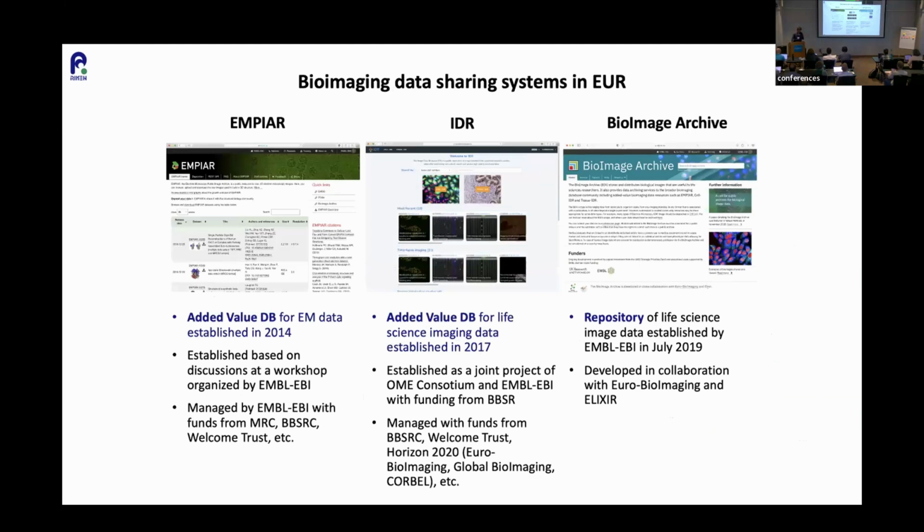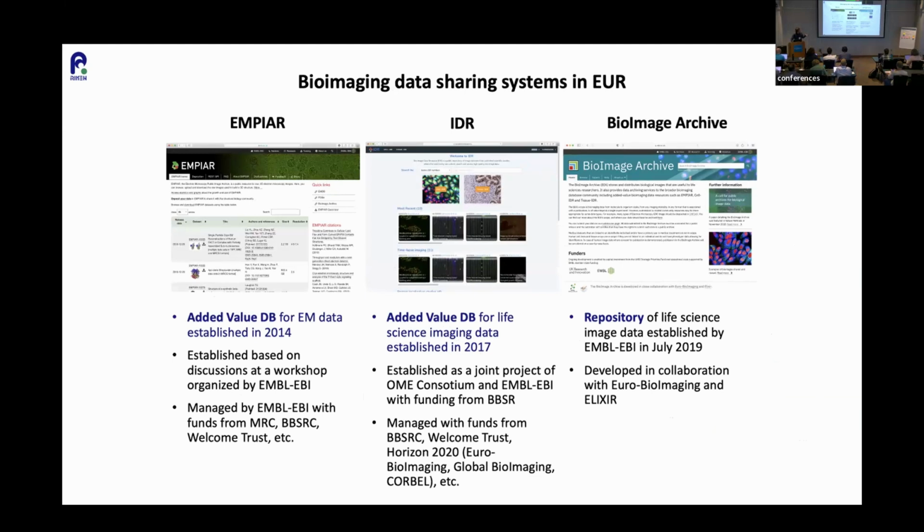As was introduced in the previous talk, in Europe they have three major databases and repositories for image data.